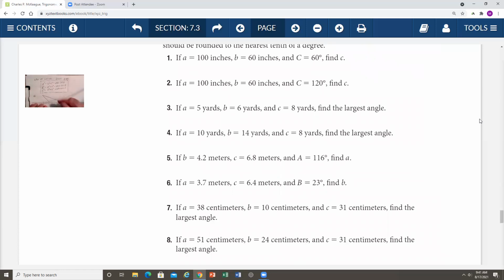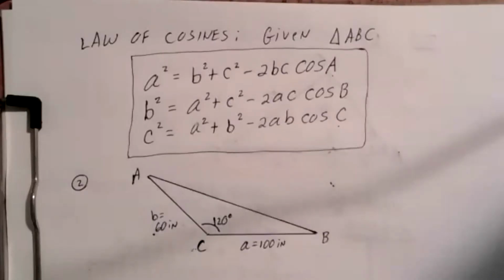So for that reason, we have an obtuse triangle here, ladies and gentlemen. We do not have a right triangle. Okay. I'm just drawing a picture here, and I'm going to start labeling the things we know. We know side A is 100 inches, and side B is 60 inches. And they want you to find side C.